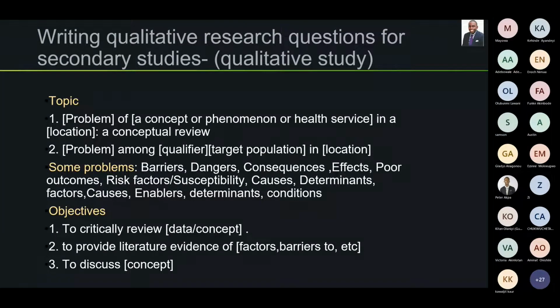I've given you an example. Okay, so to provide evidence of any of these problems here, factors, barriers, any of them, and then maybe to discuss. Just reduce your objectives to 2 or at most 3. Highest 3 objectives, and that's all. But at least 2 is okay to avoid wasting time because there is no time. You know your 12 months has finished, though. Okay. All right.